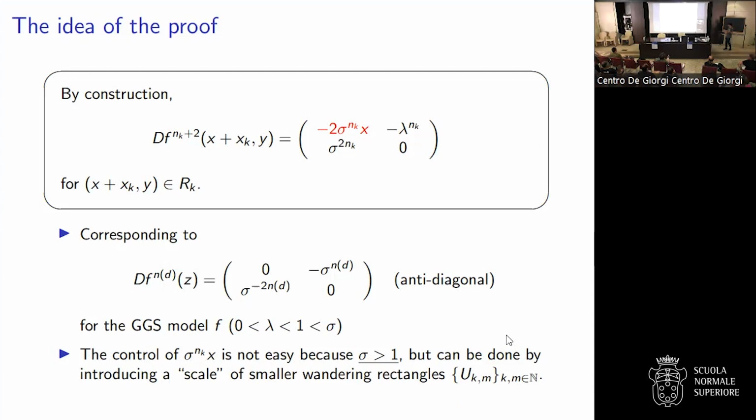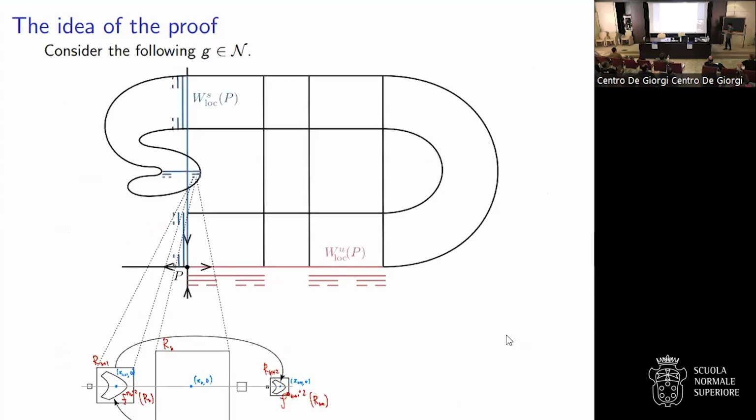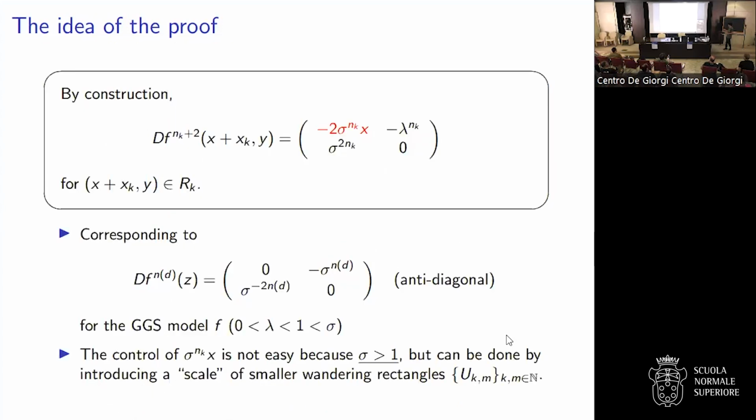A very annoying term for us is that we have this here, because it's not really a rotation, you need some curve. So you have this annoying term, and remember that sigma is larger than 1. So if you want to say this matrix is close to this kind of matrix, then x should be very small.